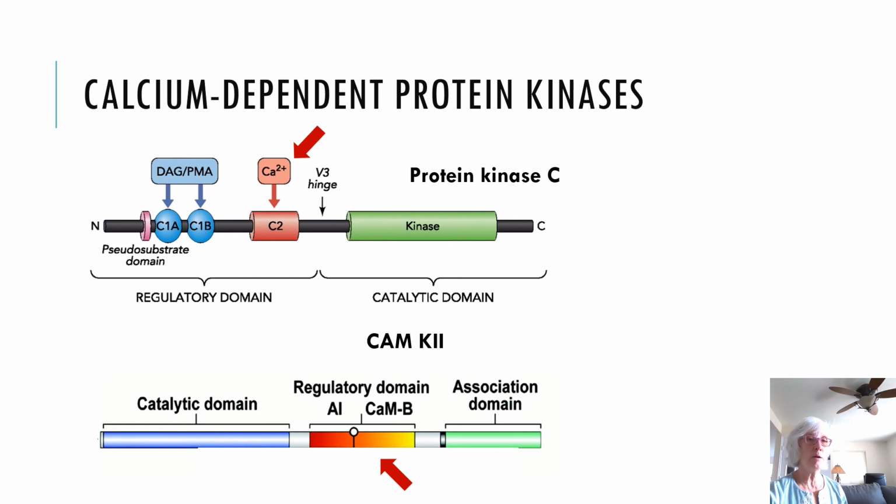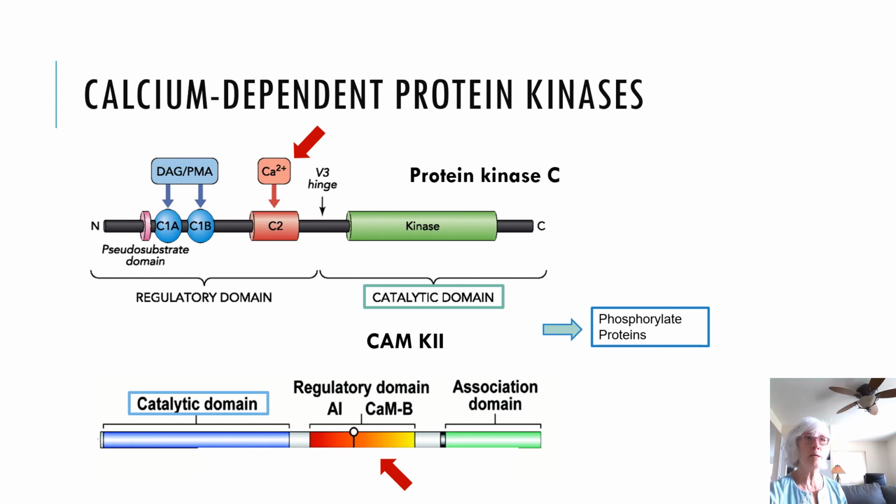Since they are protein kinases, binding of calcium to these two proteins will allow them to be turned on to become active kinase proteins, so that their enzymatic or catalytic domains, the active part of these two protein kinases, will become active, and that will result in their ability to phosphorylate proteins within the CA1 cell.